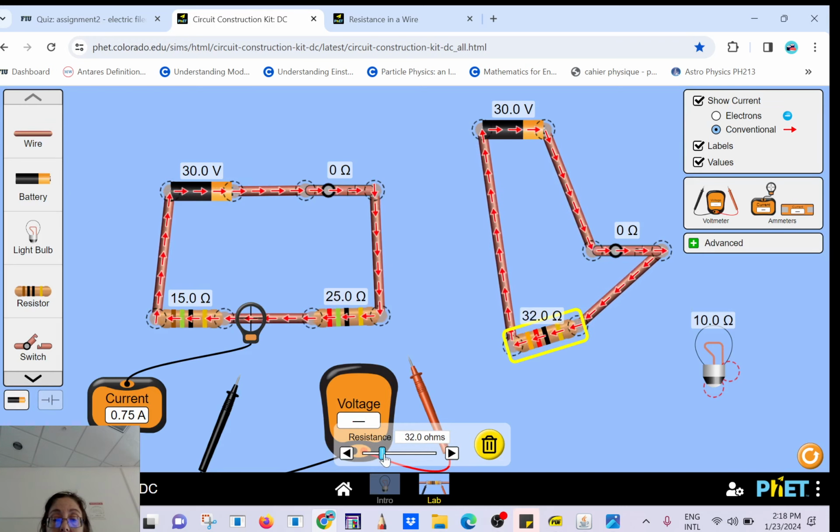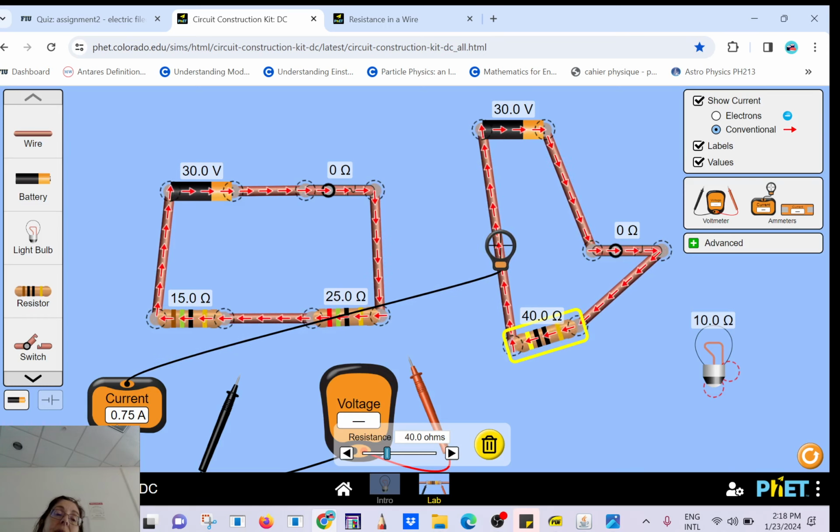So if I put a 40 ohm resistance here, we did that last time. Let's see. You're going to find the same current. So any series of loads can be replaced by a single one, okay, with an equivalent resistance equal to the sum of each individual one. Okay, is that clear? Now the voltage, of course, is going to be 30 volts.